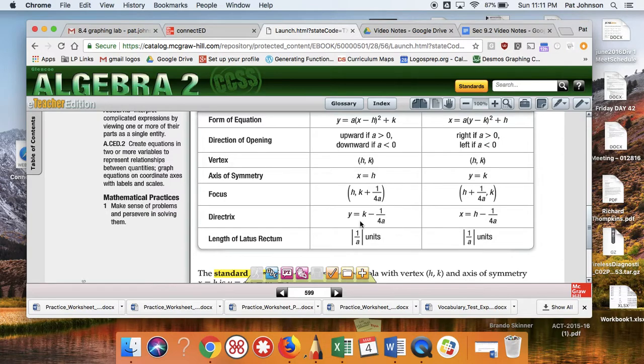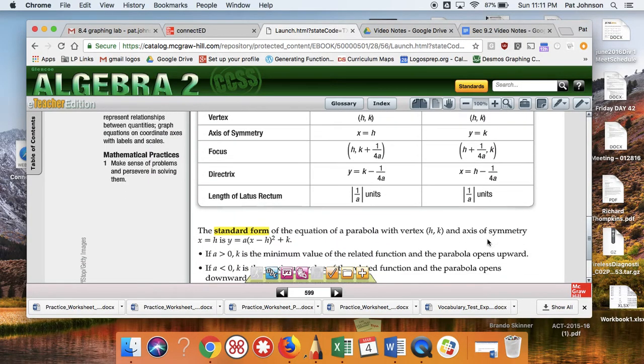It's perpendicular to the axis of symmetry, so it's a horizontal line: k minus 1 over 4a. And over here, it's x equals h minus 1 over 4a. And then the distance, the units of the latus rectum from endpoint to endpoint, is the absolute value of 1 over a for both of these.